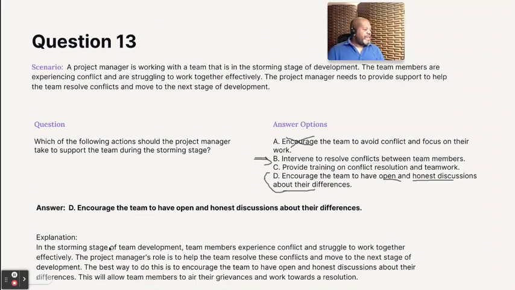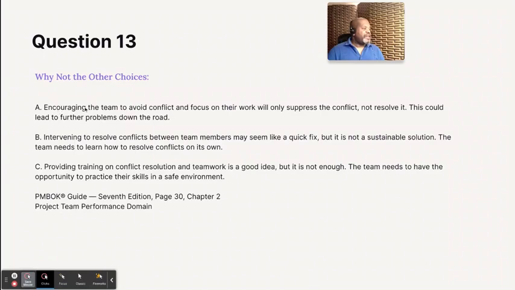In the storming stage of team development, team members experience conflict and struggle to work together effectively. The project manager's core responsibility is to help the team resolve these conflicts. Why not the others? Encouraging the team to avoid conflict and focus on their work will only suppress the conflict, not resolve it.